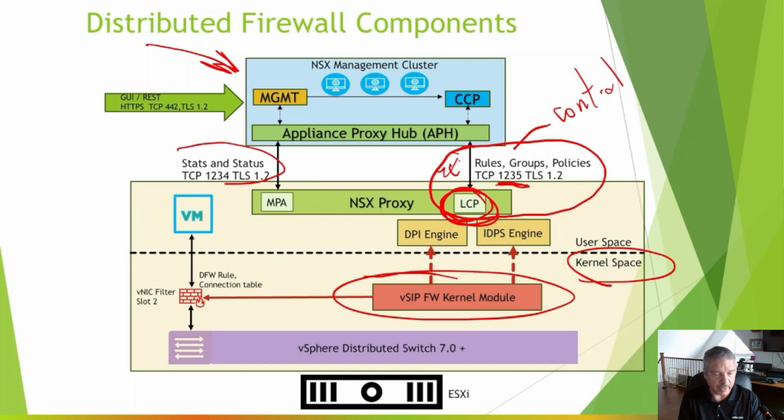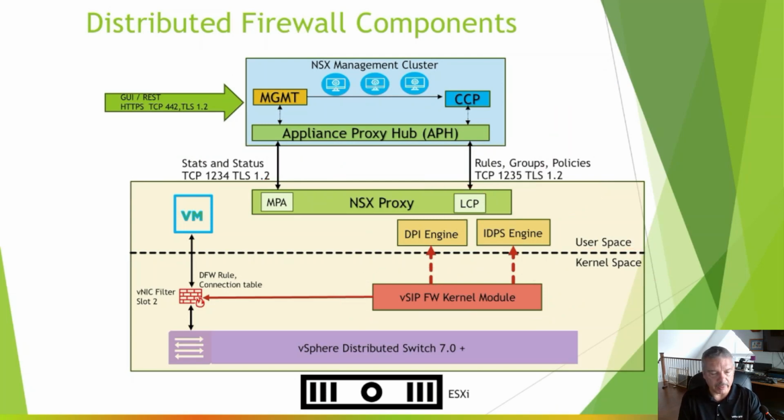And then over on the right, you actually see there's TLS port 1234. You can think as the management plane, okay? And the reason why I'm pointing this out is when I create a rule up here in the NSX manager, so I create a firewall rule, it pushes it down to the central control plane. Central control plane, well, first of all, the management plane will take that rule and validate it.